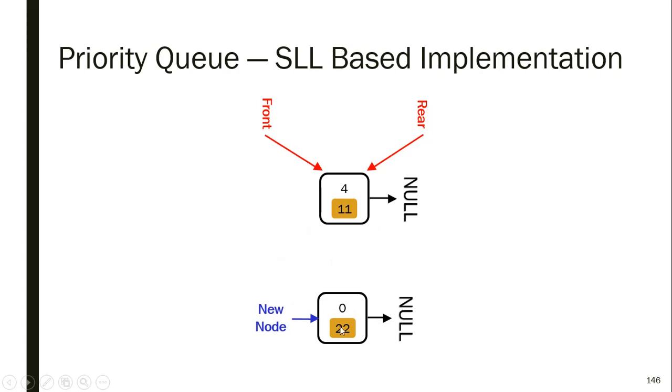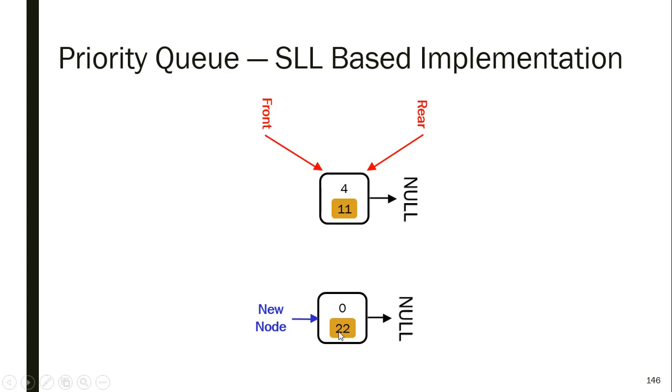So suppose the value of priority is high. What will you do? The value of priority of the new node is higher than the value of priority of this rear or front node. So it means this has to be the front one. I think I just made a mistake: if the priority of the new node is greater than the priority of front, then this is going to be the front node, and if the priority of the new node is less than the priority of the front or rear node, then this new node is going to be the rear one.